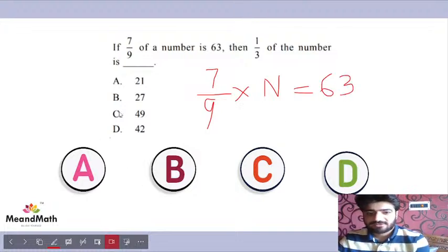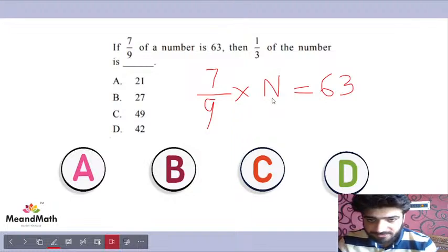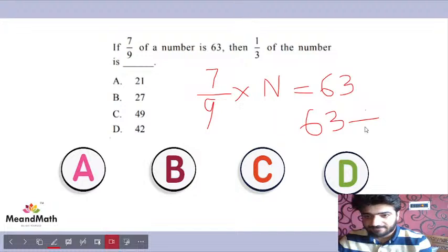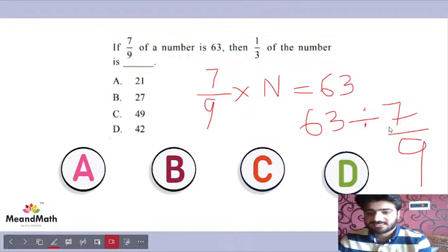So if 7 by 9 multiplied by a number is equal to 63, what will be the number? Obviously, I will divide 63 by 7 by 9, and that will be 63 into 9 by 7.